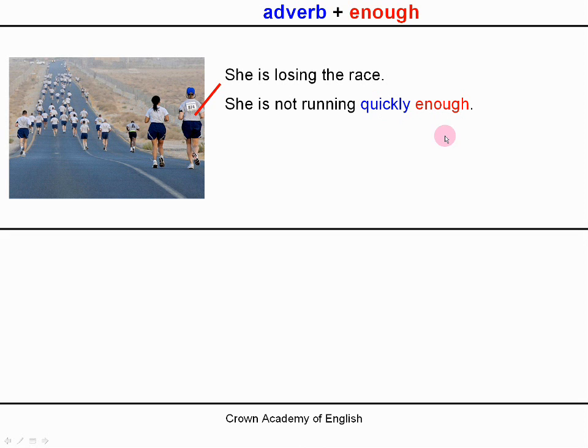And enough modifies the word quickly. Enough is telling us the degree of how quickly she is running. Okay? And again, very important, enough is after the adverb. It's very important.